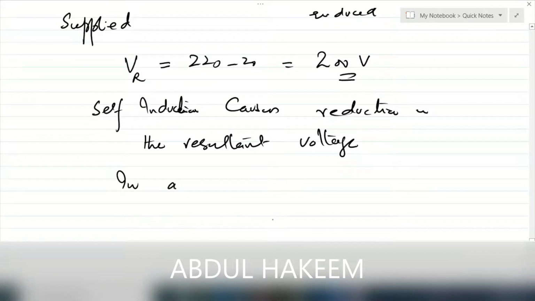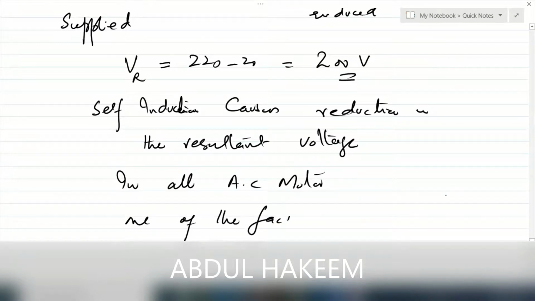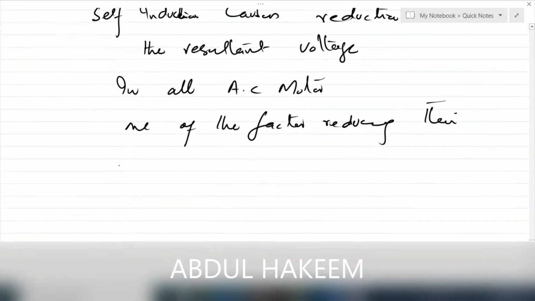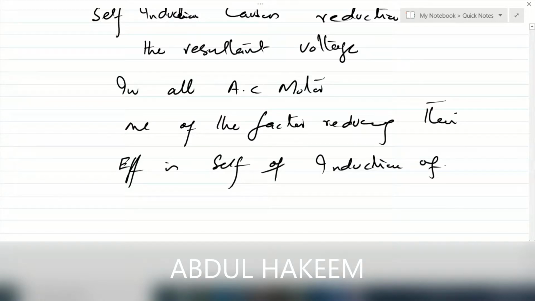So in all alternating current motors, one of the factors reducing their efficiency is self-induction of their coil.